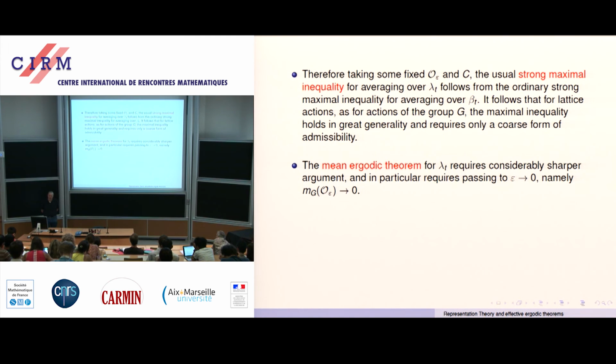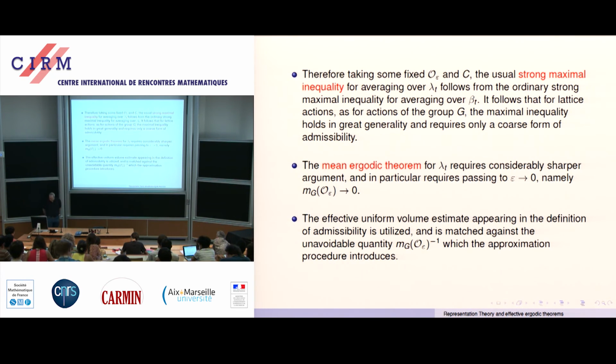This is where a lot of the difficulty lies. And in particular, it requires passing to epsilon goes to 0, namely to mg O epsilon going to 0. This is a considerably more technical argument.